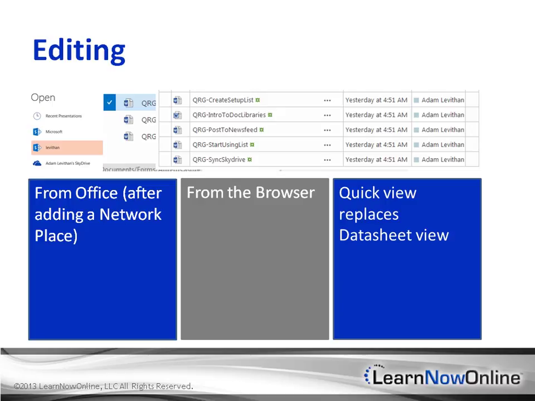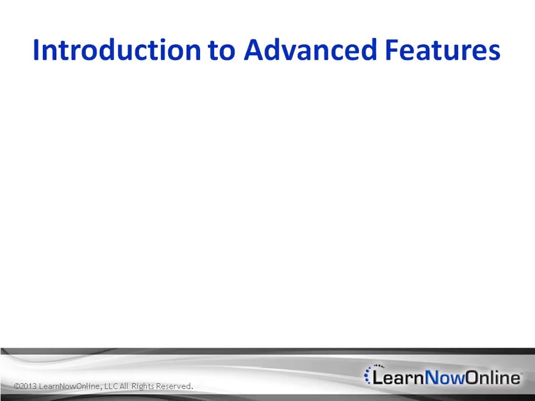Quick View replaces Datasheet View and does not use ActiveX controls, which were only for Microsoft tools. Now, in any browser, you can open up your library and edit multiple documents simultaneously and edit their attributes simultaneously, unlike what you could do in SharePoint 2010. They're not going to show up today, but we'll talk about them later.